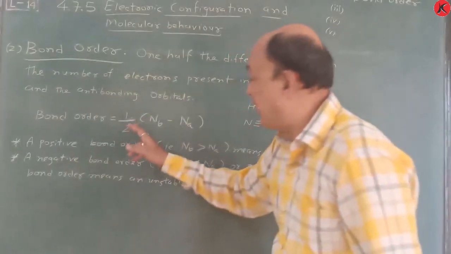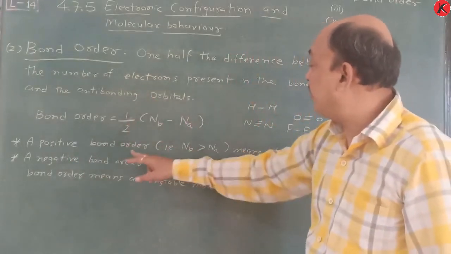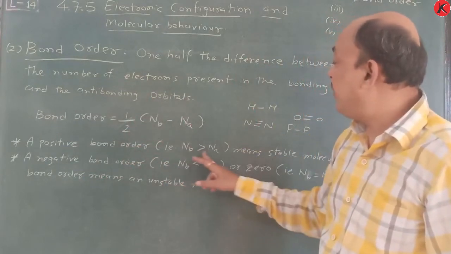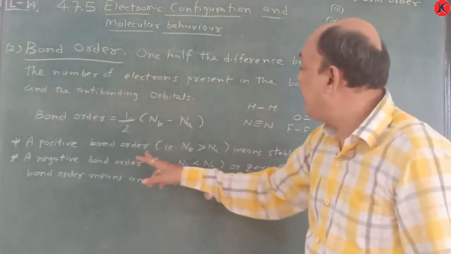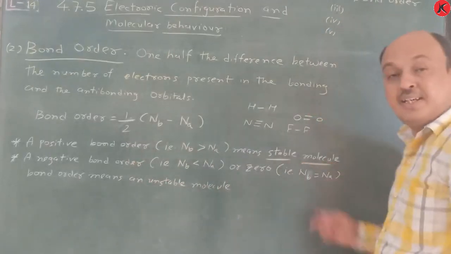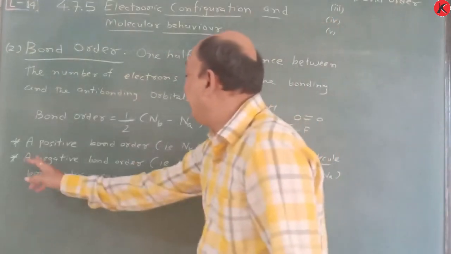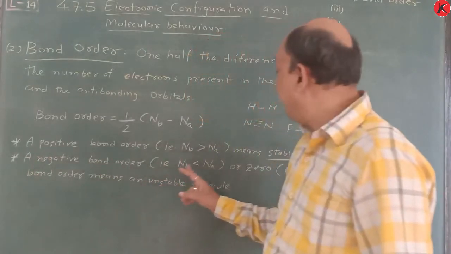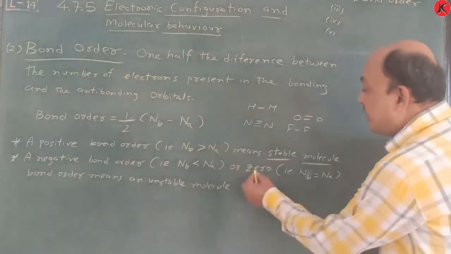Suppose you calculate the bond order and it is positive, then Nb is greater than Na. A positive bond order, that is Nb greater than Na, means a stable molecule. But a negative bond order, that is Nb less than Na, or 0, that is Nb equal to Na, means an unstable molecule.